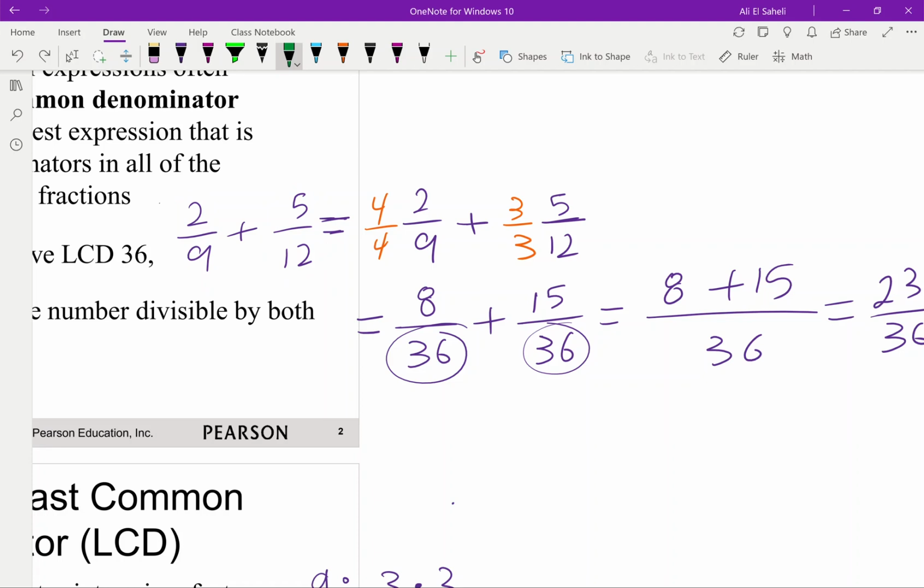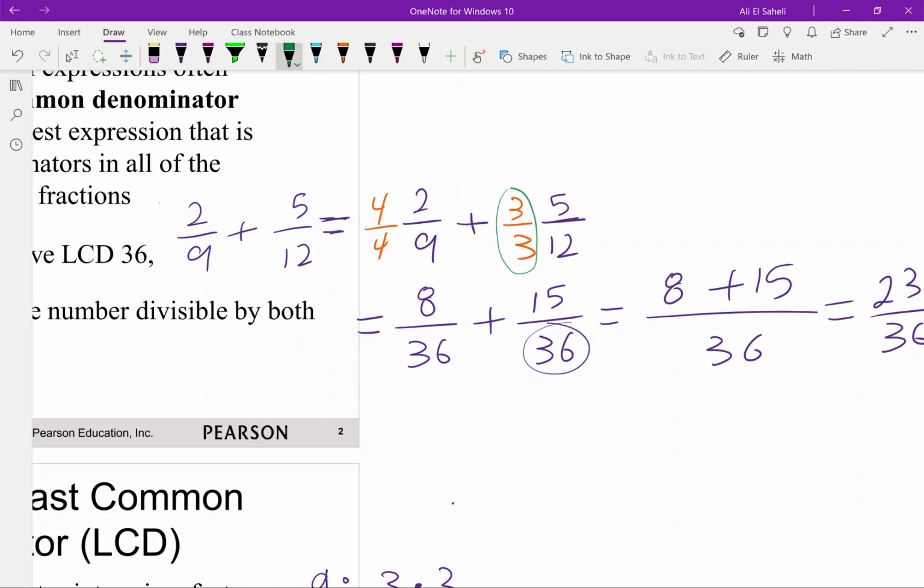We do it for both of them, but we do it separately, because to get 36 from this, you need to multiply by 4. But to make sure you are not changing the number you started with, you multiply by 4 over 4. And this will give us this expression. Now, to turn 12 into 36, you multiply it by 3. So it's a different number. But again, the same trick applies. You cannot just multiply the denominator by 3.